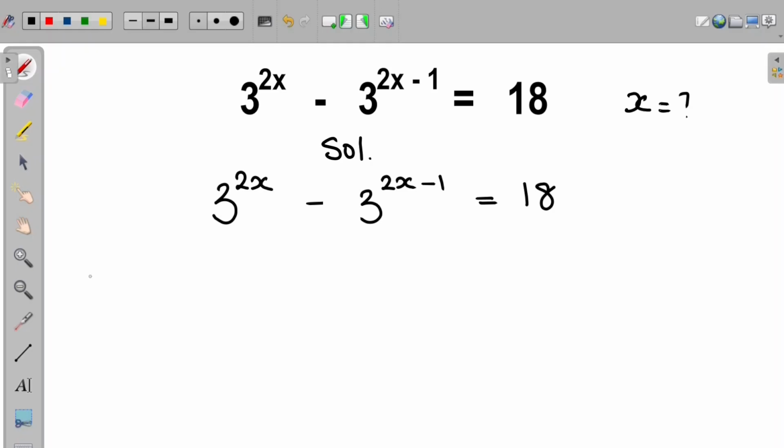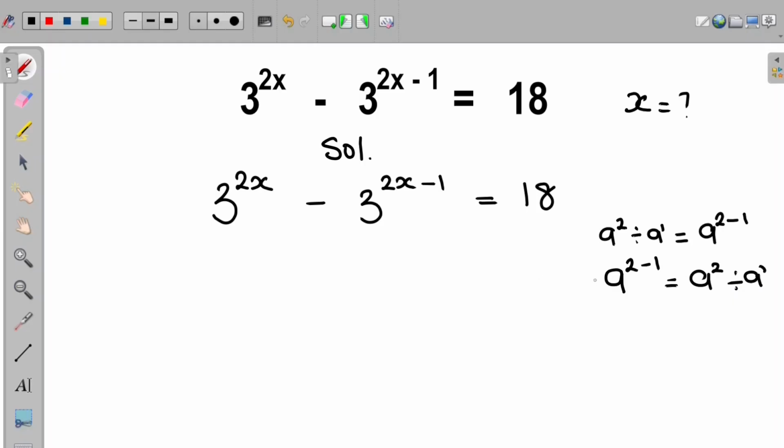Now, from the division law of indices, if I have a raised to the power of 2 divided by a raised to the power of 1, this can also be expressed as a raised to the power of 2 minus 1. That means if I have a raised to the power of 2 minus 1, this can also be expressed as a raised to the power of 2 divided by a raised to the power of 1.